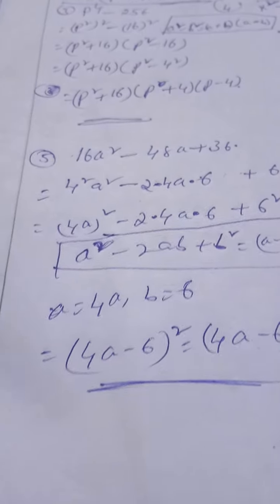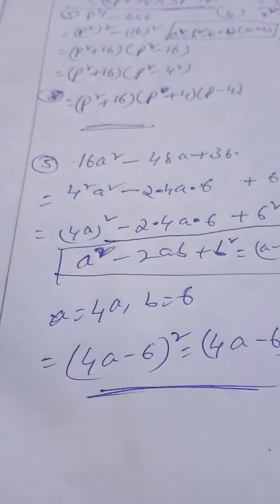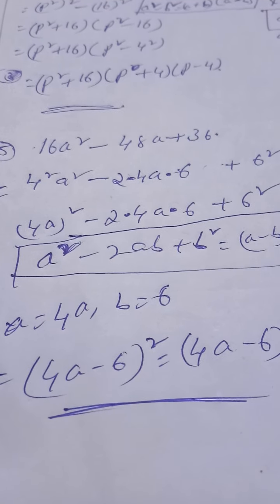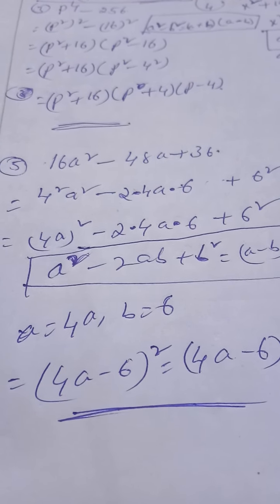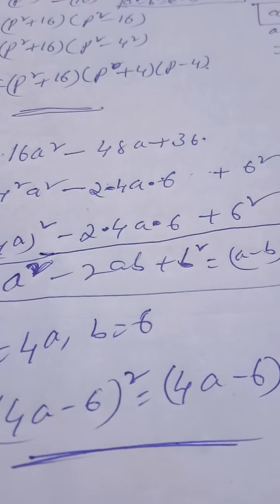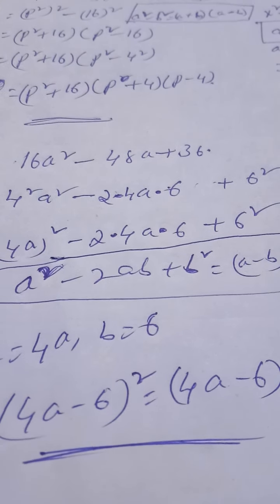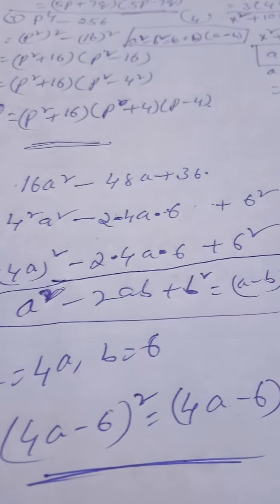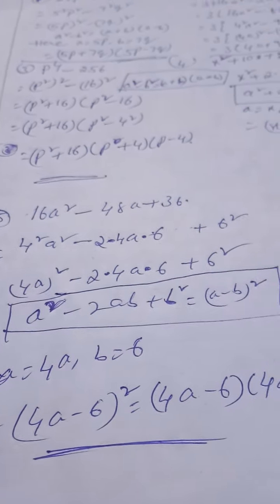Another problem, 16a square minus 48a plus 36. 16a square we can write as (4a) square, and the last term 36 we can write as 6 square. So the first term is in the form of a square, the last term is in the form of b square.